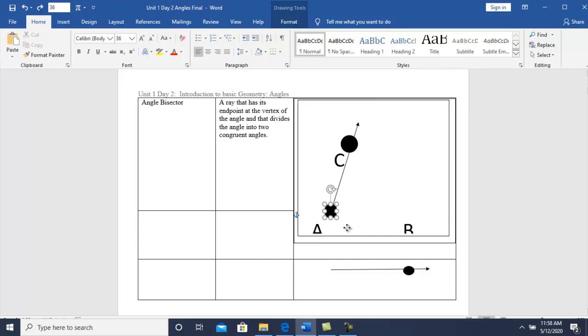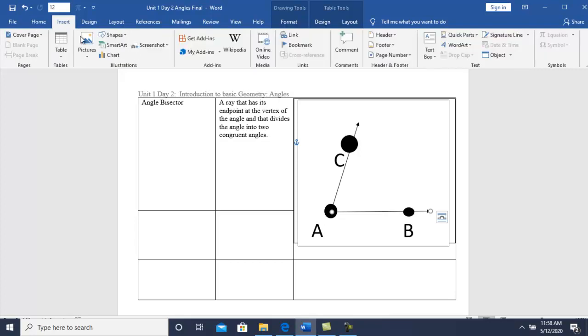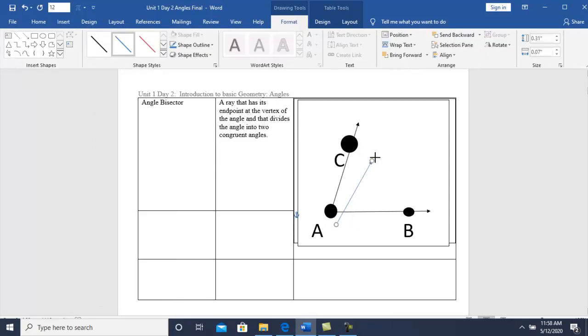Let's put all the pieces back here. All right, so here is our angle. So let's suppose that you want to bisect something. From our last set of notes, we said that to bisect something, you're going to cut it in half. So what's going to happen is you're going to draw a line, it can be a ray.